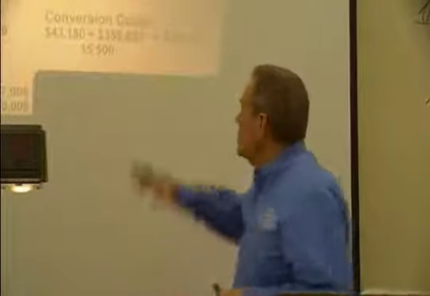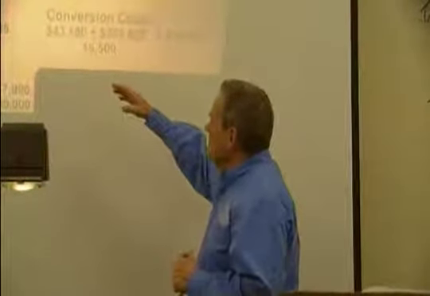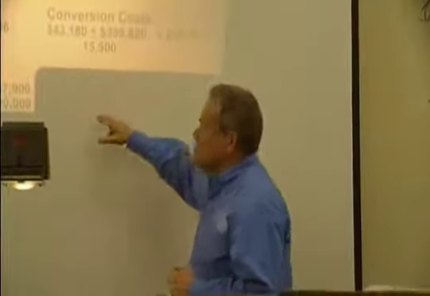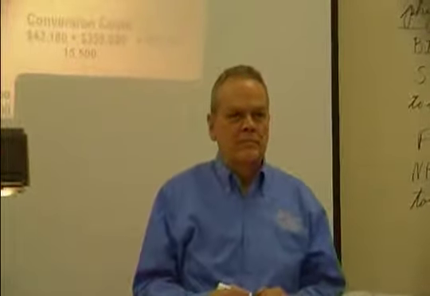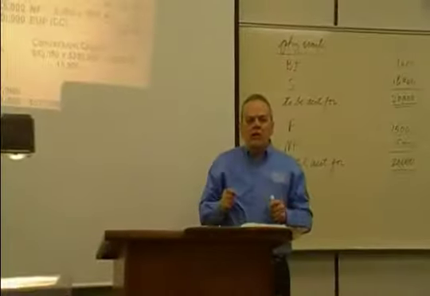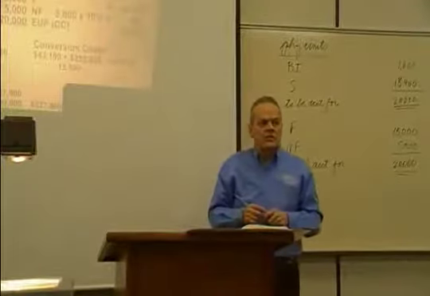So, let's sum this. 147.9 plus 390,000 is the total cost of goods finished. Help me out. 537,900. Managers like to know unit cost. Managers can use unit cost to make decisions.